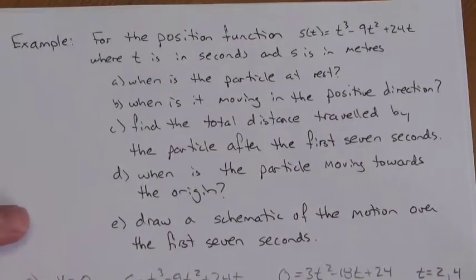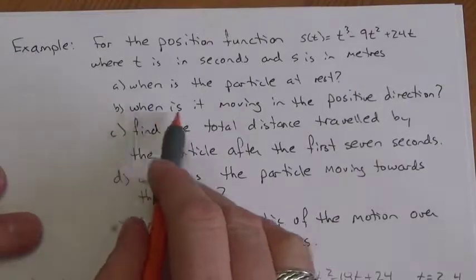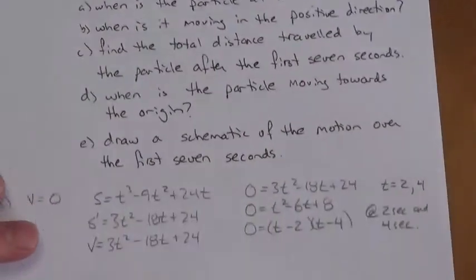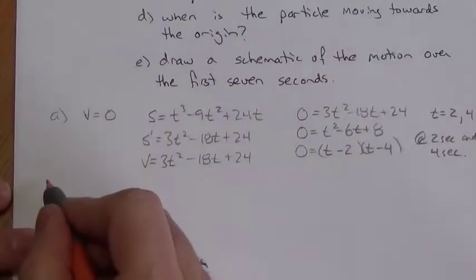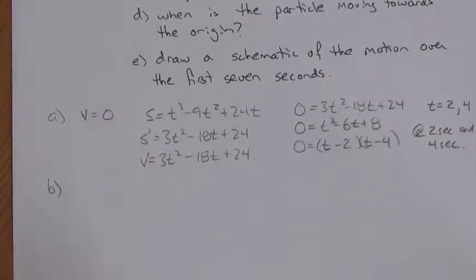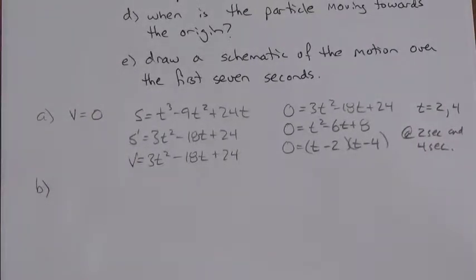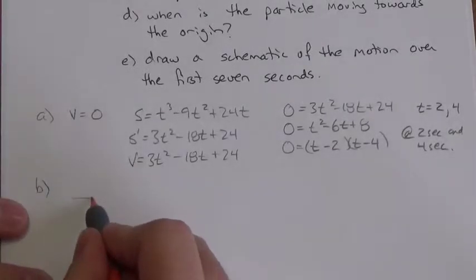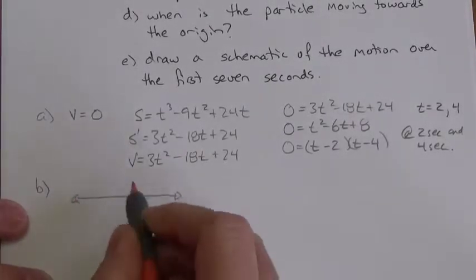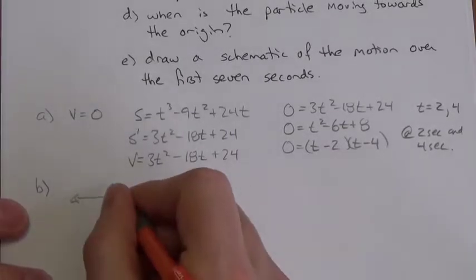Anyway, question B. When is it moving in the positive direction? To understand what that's saying, we need to understand all of this in terms of the vector quantity. So here's our number line, and here's our origin.